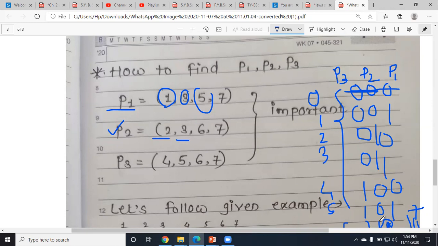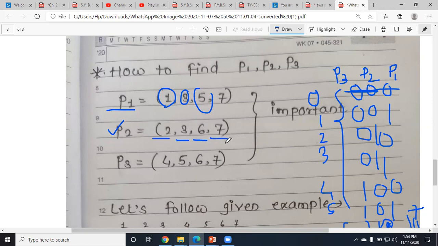There is directly 6, so I'll take 6 here. And after 6, 7 is also there. For all 3 bits, 7 will be there. So 7, 7, 7. Why? Because to represent 7 we are using all the digits, that is 1, 1, 1. Right? So for the last digit, 7 is there. Understand this, P2?